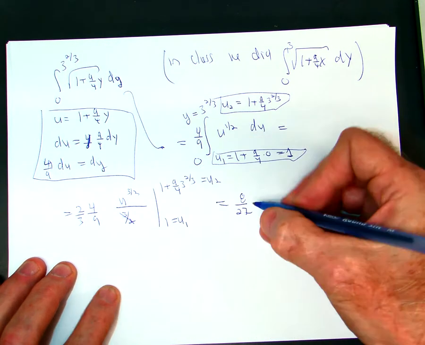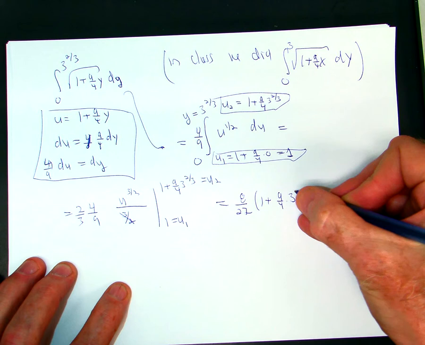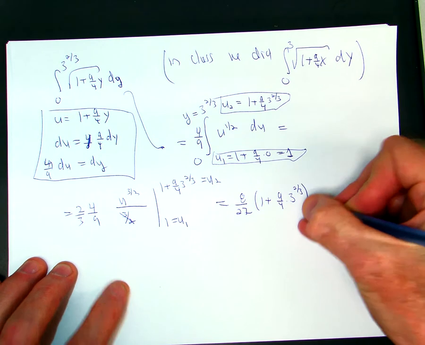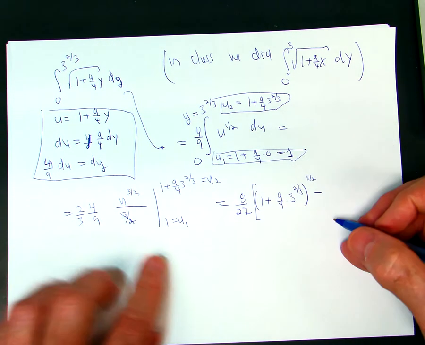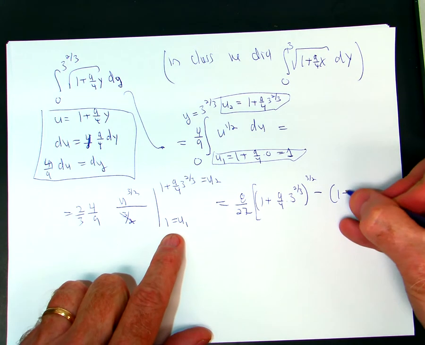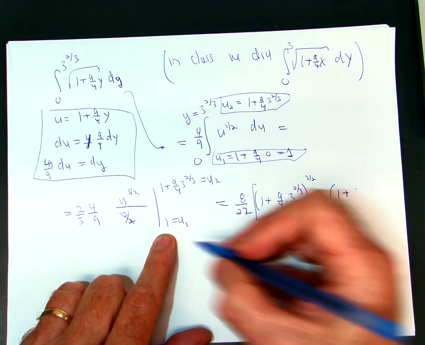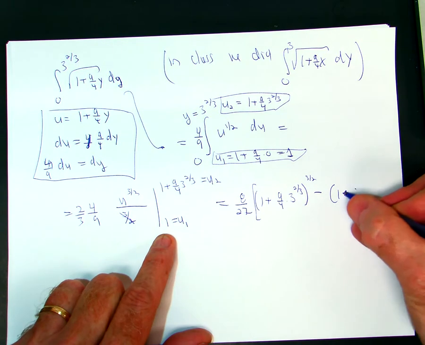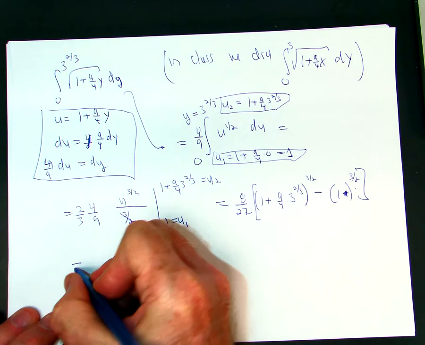Now I plug in 1 plus 9/4 times 3 to the 2/3, quantity to the 3/2, minus this one over here. I'm sorry, u1 is 1, so it's just 1 to the 3/2. And then I can just leave it like this.